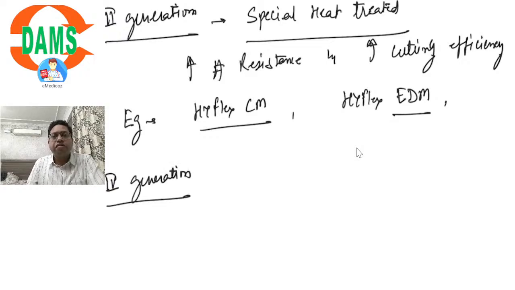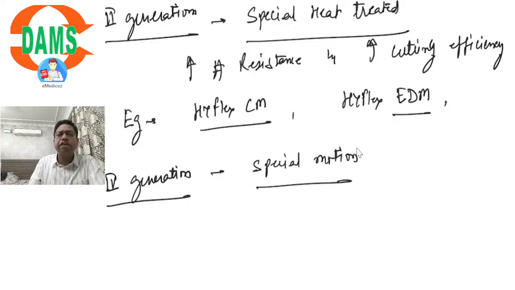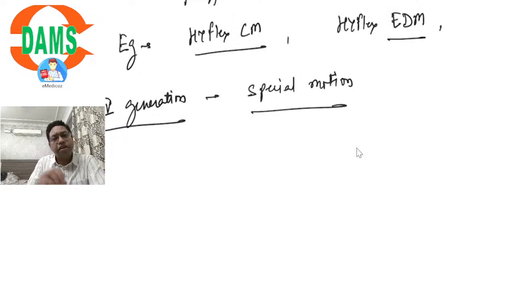The fourth generation of nickel titanium instruments use a special motion. What is the conventional motion for any rotary endodontic instrument? Definitely rotary. They would rotate in a 360-degree circle. But fourth generation instruments are nickel titanium instruments that use a special motion.